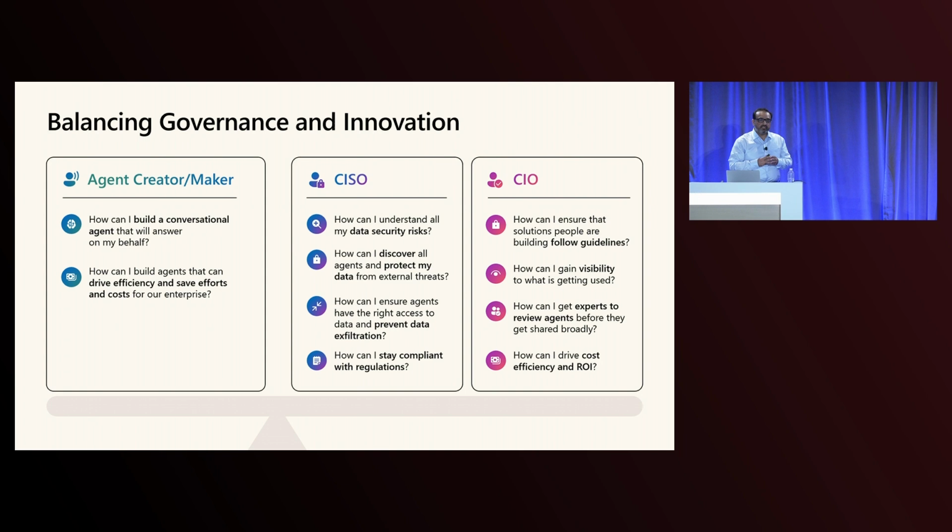At the same time, CIOs will be looking for visibility from the developers and makers and from the tools as well, like how GenAI gets adopted in their enterprises. Is it being reviewed by somebody? What are the checks and balances in place? And how they can improve efficiency, cost-benefit analysis, and ROI of these things.